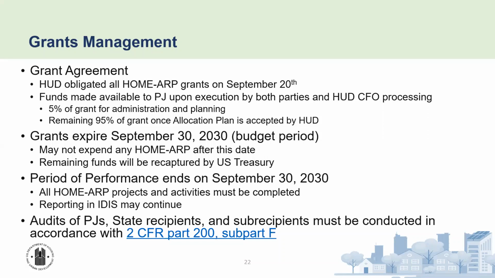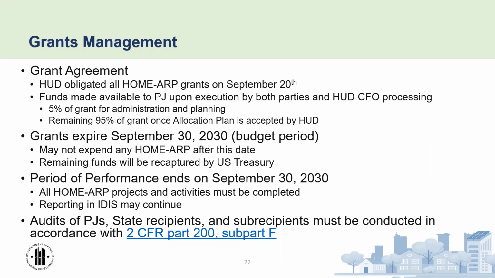I just want to reiterate this because I know this is a little bit different, but the PJ may not draw down or expend any funds after this date. The period of performance has the same start and end date as the budget period. All HOME-ARP projects and activities must be completed by September 30th, 2030.